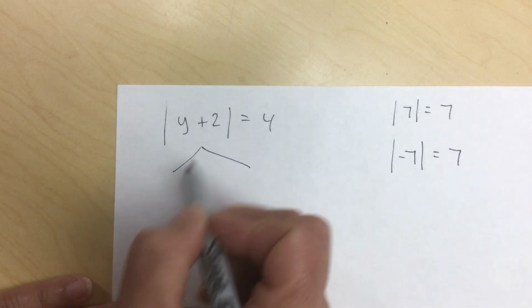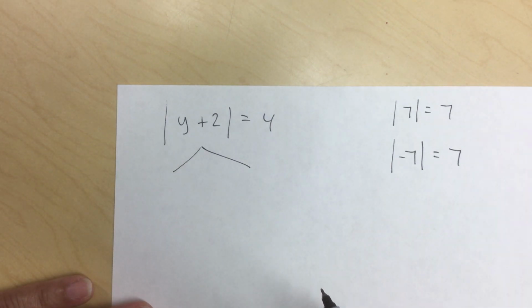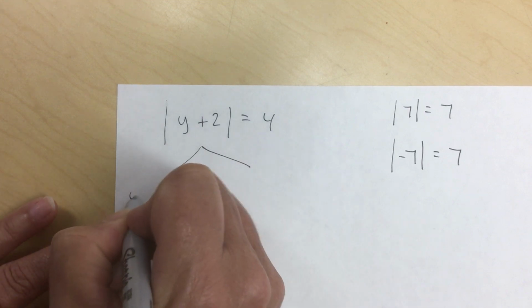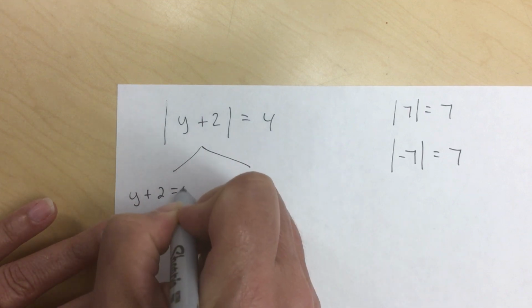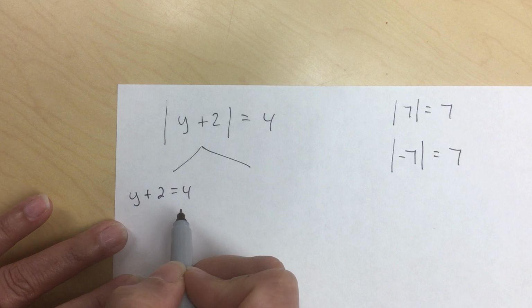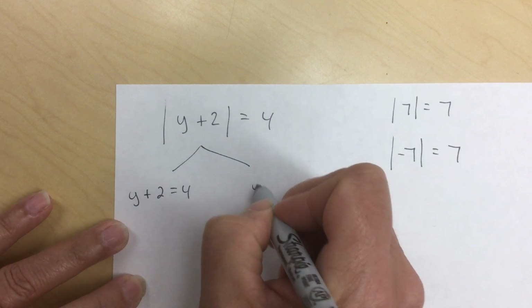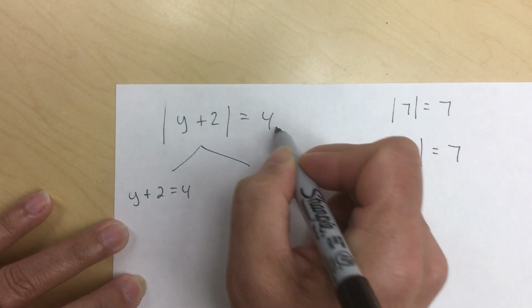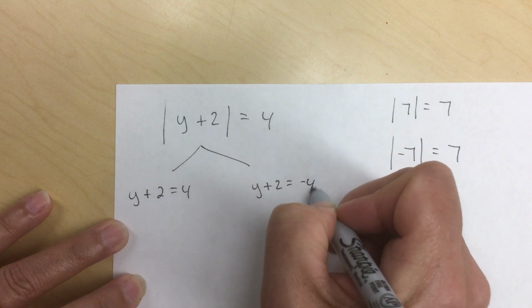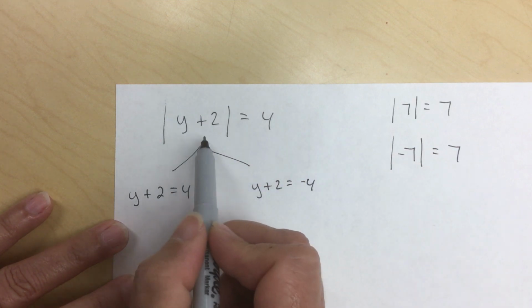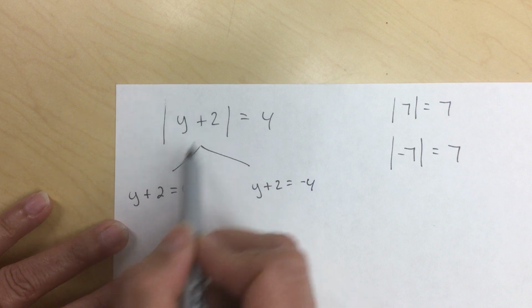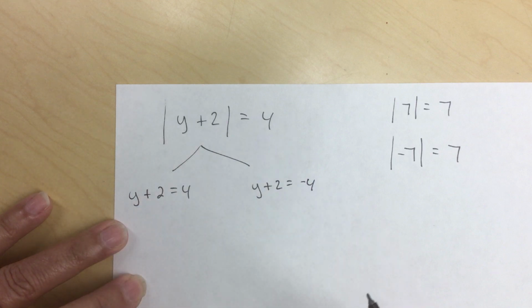So this arrow is going to allow us to remove the absolute value bars. So it's going to become y plus 2 equals 4. So the first equation is normal. And the second equation has the outside number opposite. Because if y plus 2 is -4, the absolute value of -4 is also going to give you 4.